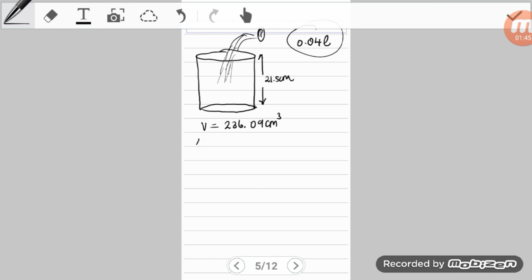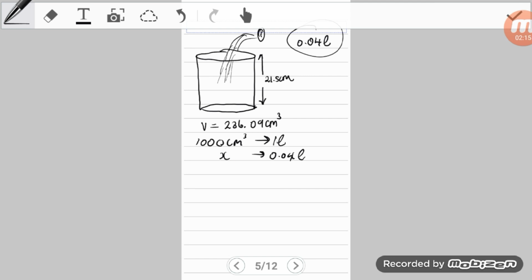Now, usually we're not always told what the conversion unit is, but in this case we are fortunate enough to be told that 1000 cubic centimeters is equivalent to 1 liter. So by using direct proportion, we could simply say 0.04 liters is equivalent to X, because X is what we are trying to find.